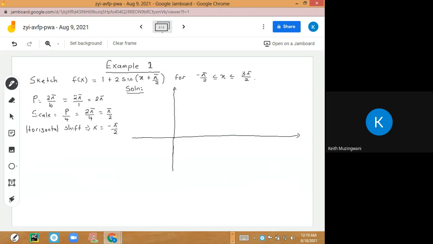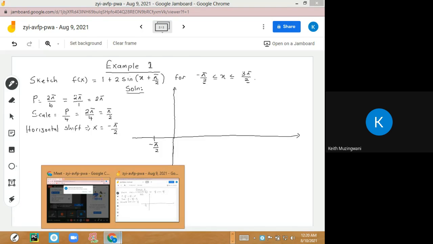The question just says sketch. So we can sketch using these three properties. So you always start from there. We are given the interval, but we always start from the horizontal shift. So we always start from negative pi over 2 to sketch this thing.